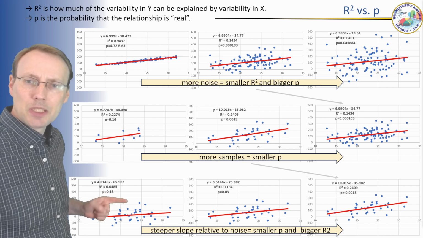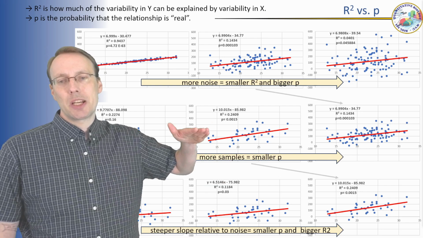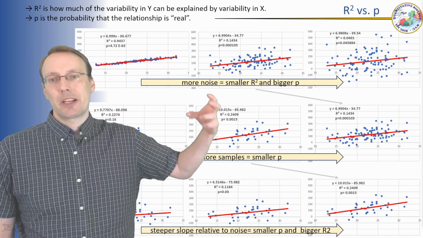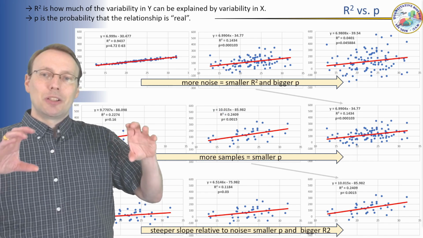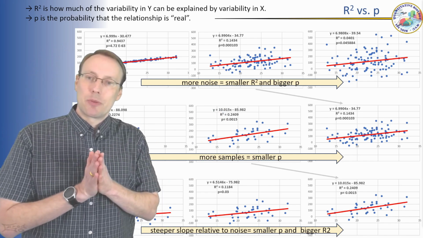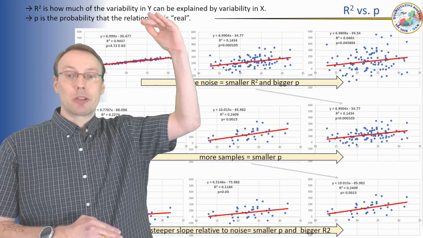Okay, that affects also the R-square because the slope changes relative to the size of the noise. So there's a relationship between the strength of the relationship, so the slope, and the amount of noise.